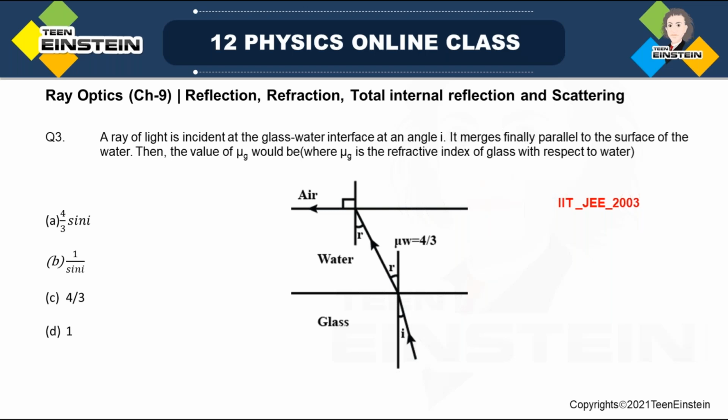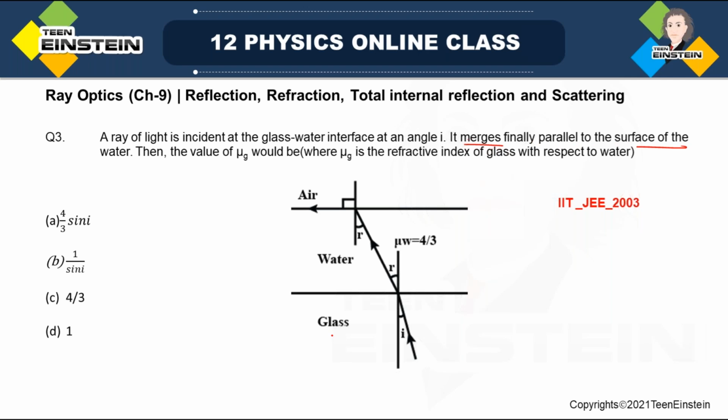The question is, a ray of light is incident at the water glass interface at an angle of incidence I. It emerges finally parallel to the surface of the water.